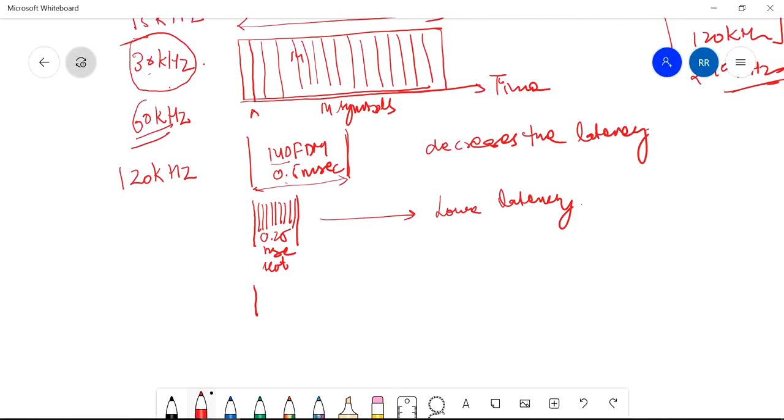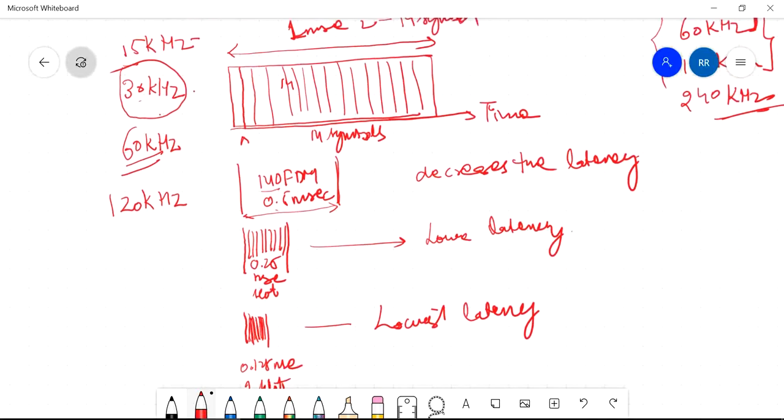So within this 0.125 millisecond, 14 symbols will come. The symbol duration will further decrease, and this would be one slot. So this is the lowest latency. This is called numerology in NR.